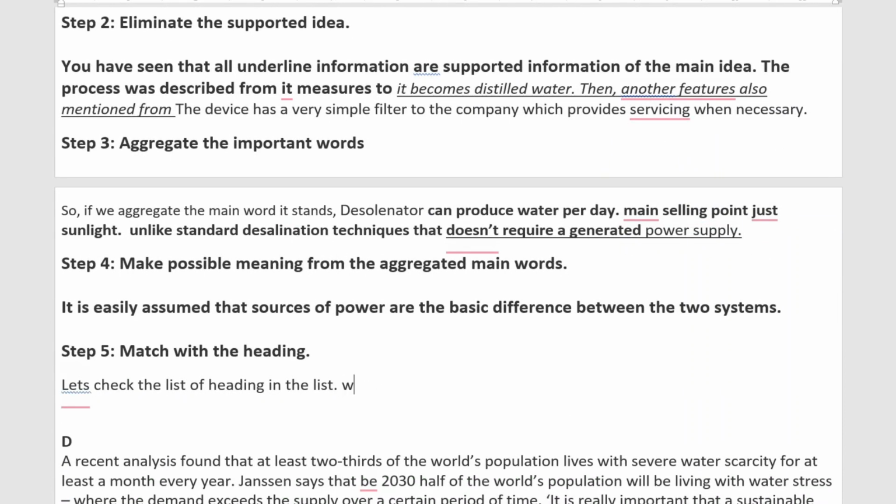We have got number 5, what makes the device different from alternatives? That is the answer.